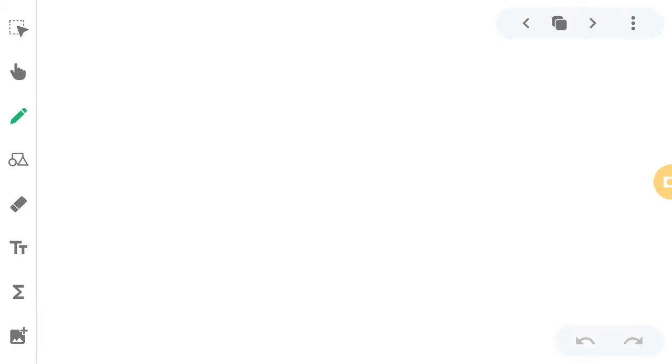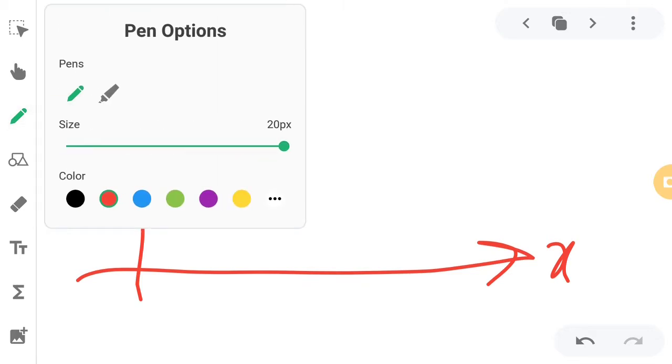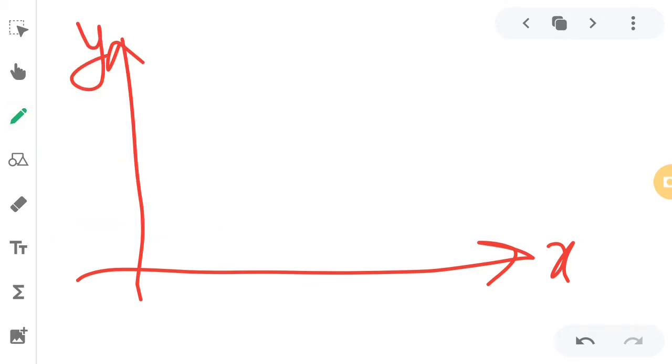What it means? Suppose this is the y-axis and this is the x-axis. Now we are taking some points. Okay.